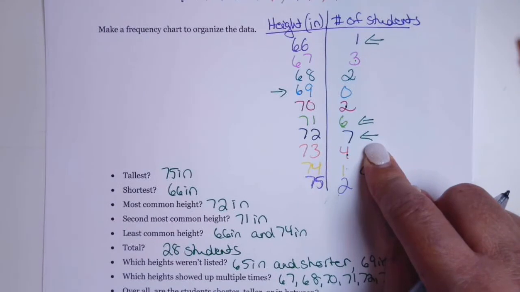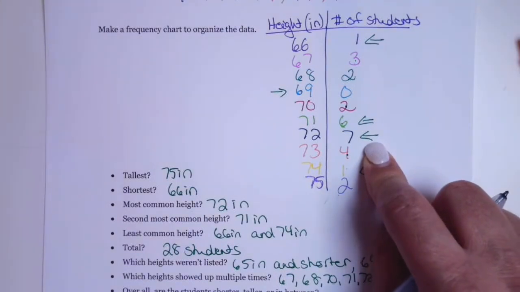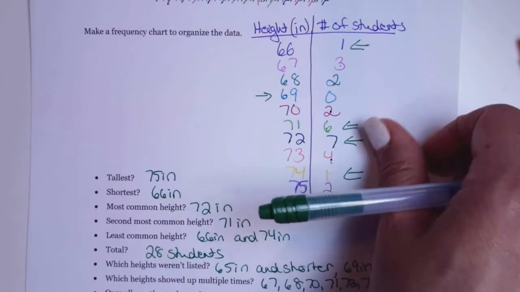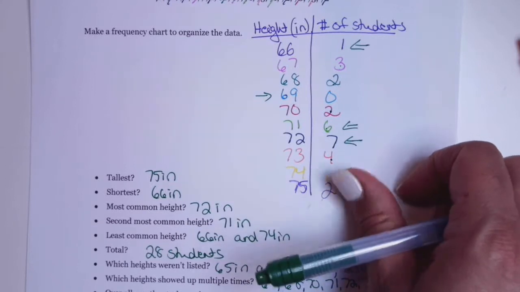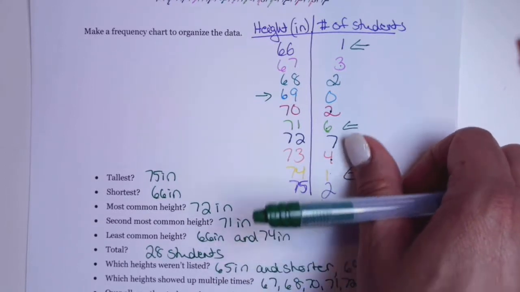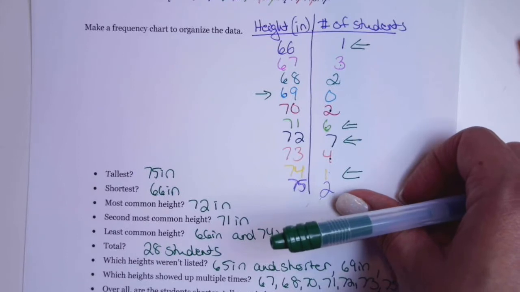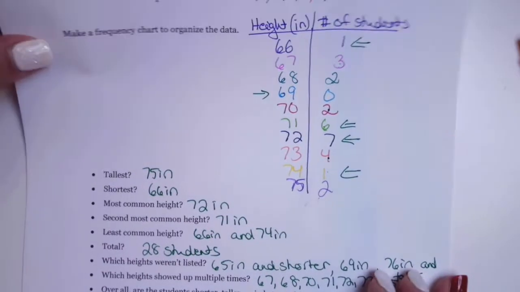That is sort of in between. But then if we start going, we have 4 students that are 73 and we have 2 students that are 75. So they are kind of on the taller side over here.